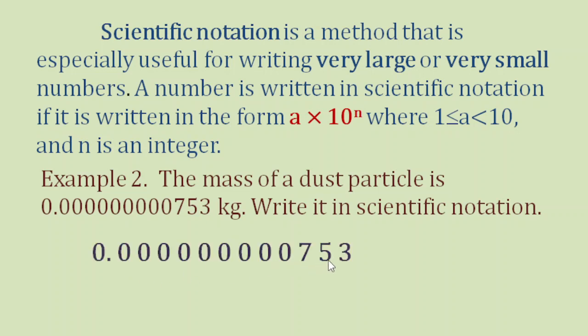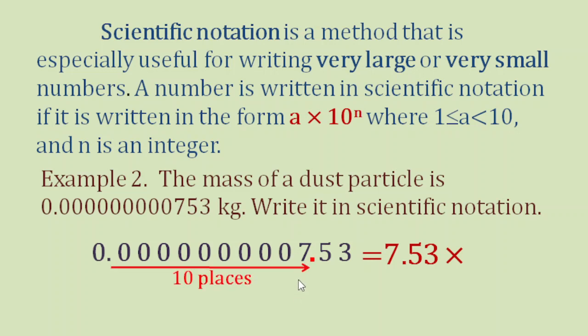We move it somewhere here. And this means the first part is 7.53. And the second part, if we count the number of decimal places from this point to this point, it's 10 decimal places. But notice, we move the decimal point from left to right. So that's going to be 10 to the power of negative 10.